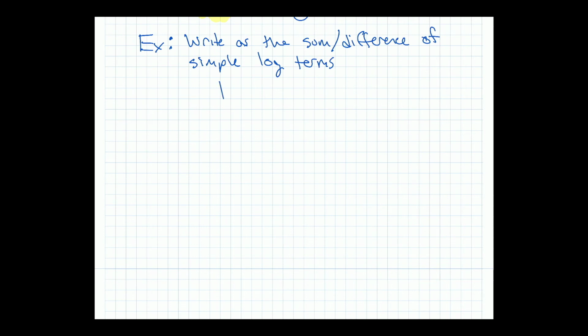And they'll give you something like this, like natural log, doesn't have to be natural, but this one is, of 9/2 b to the 5th. And basically the idea here is when they say write as the sum or difference of simple log terms, what they really mean is just that they want you to use the log rules to break this up as much as possible.